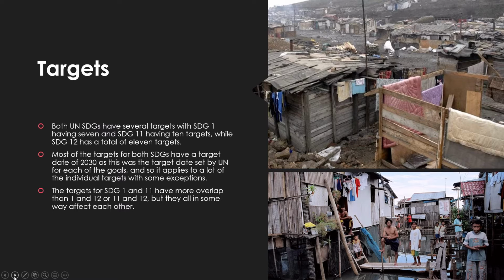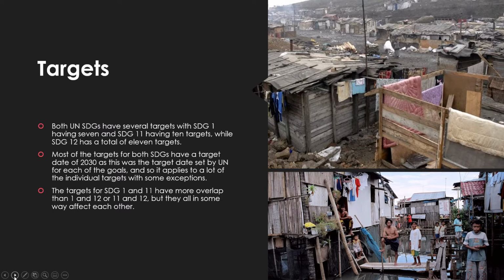So, as you can see, if you eradicate poverty, people will be able to upgrade their living situation, and vice versa. If you improve the living situation, they'll be able to get themselves out of poverty and live more comfortable lives.